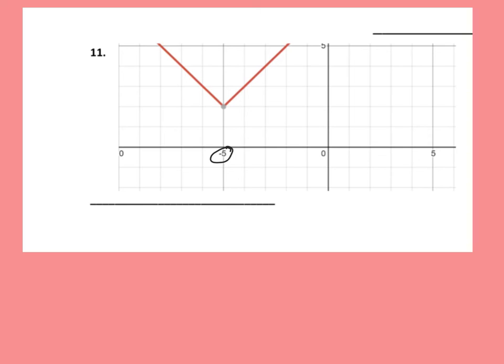The parent function, this is an absolute value function. The parent function equation would be f of x equals the absolute value of x. The parent function graph, I'll do in blue, is here.